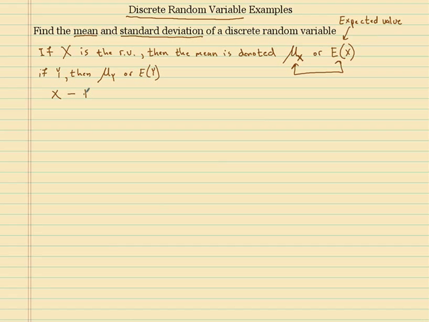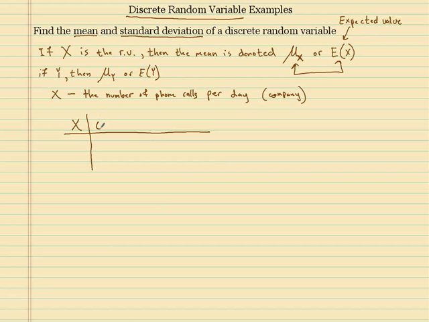So X is the number of phone calls per day for some unnamed company. They kept the data for a long time. So X is the number of phone calls. I'm making a probability table because I could list them all.